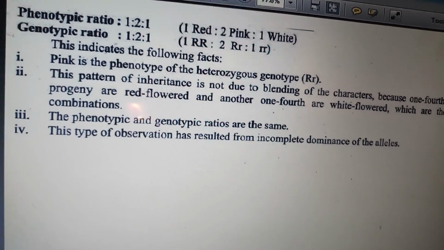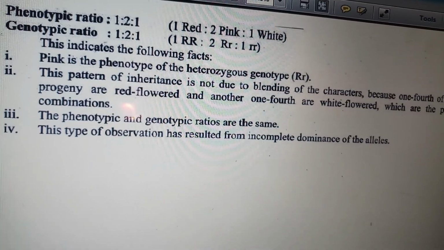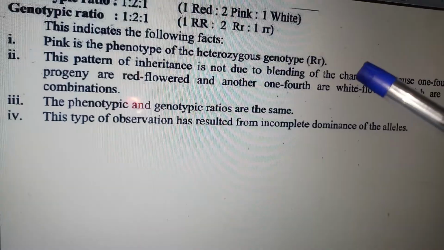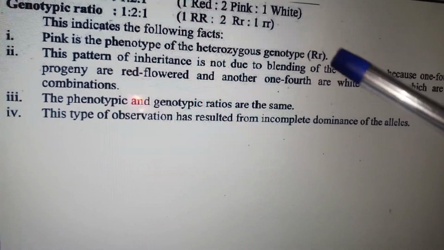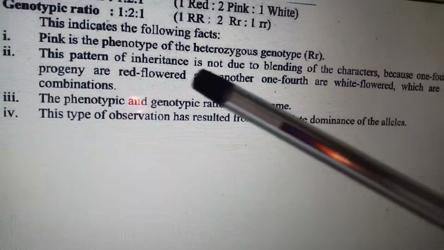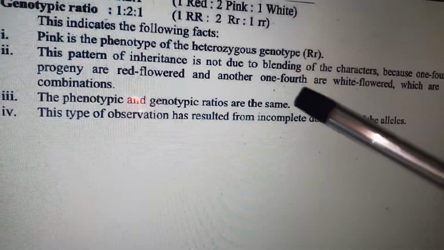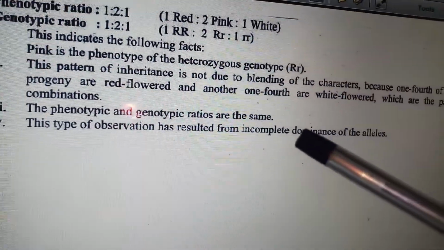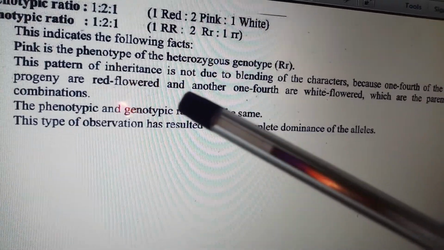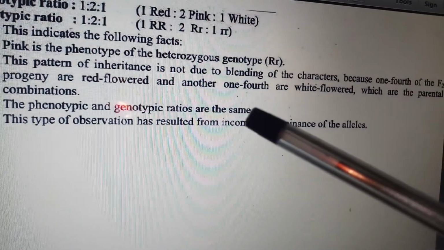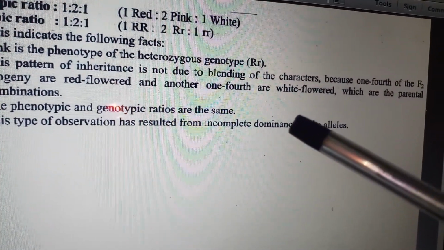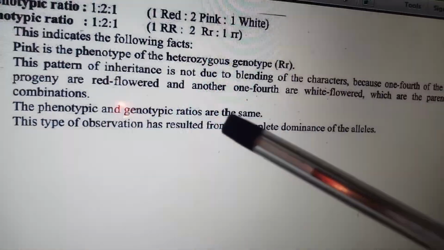So this indicates the following traits. Pink is the phenotype of the heterozygous genotype, capital R small r. This pattern of inheritance is not due to blending of characters, because 1/4 of the F2 progeny are red flowered and another 1/4 are white flowered, which are the parental combinations.